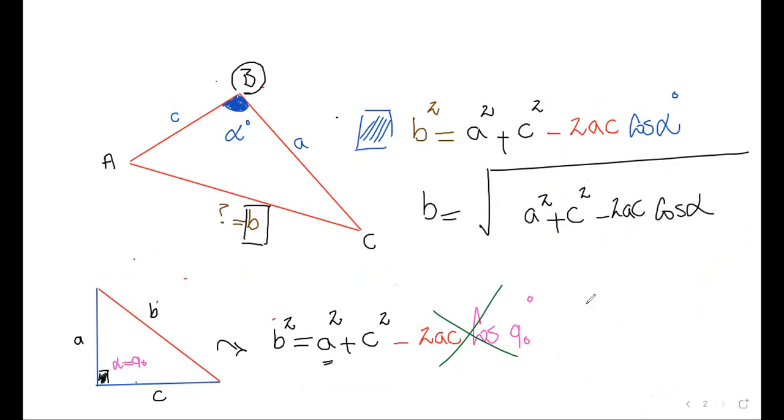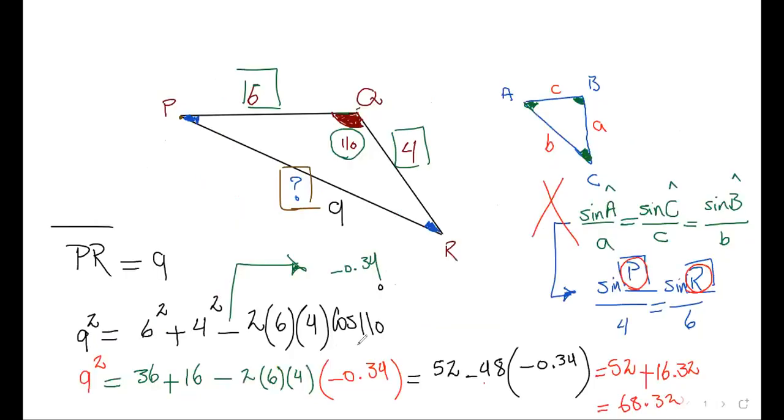Then as a result, like the Pythagorean theorem, if B squared is 68.32, B equals what? Square root of 68.32 becomes how much? 8.26.